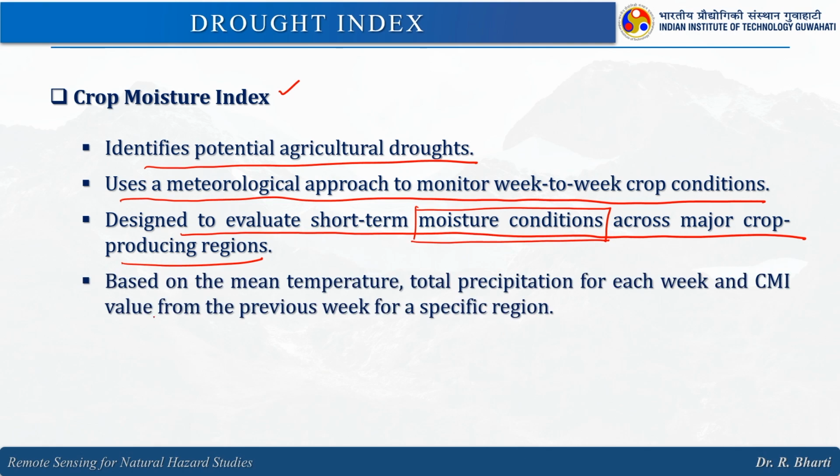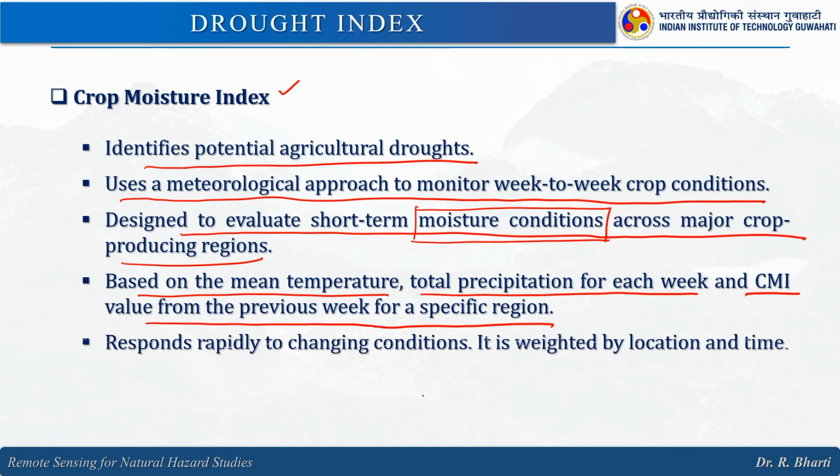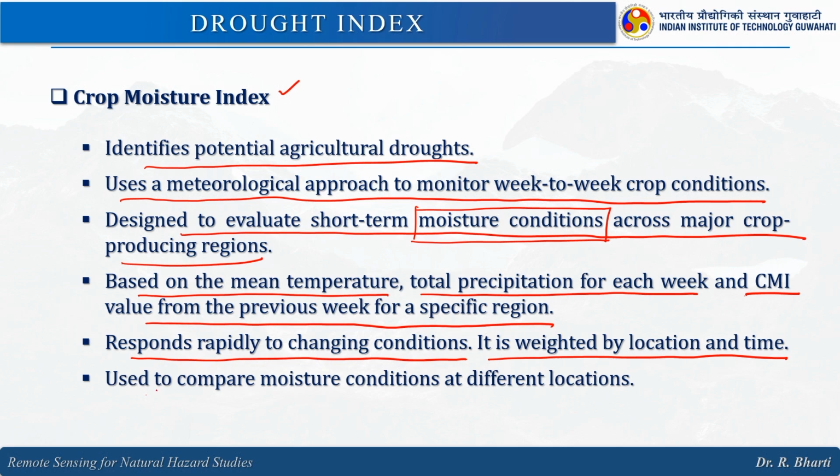It is based on the mean temperature, total precipitation for each week and CMI value from the previous week for a specific region. It responds rapidly to changing condition, it is weighted by location and time, and it is used to compare moisture condition at different locations, because you can perform the same analysis for 2 or 3 different locations and you can compare.